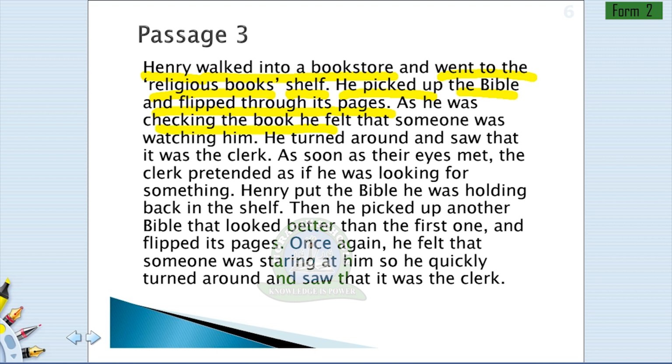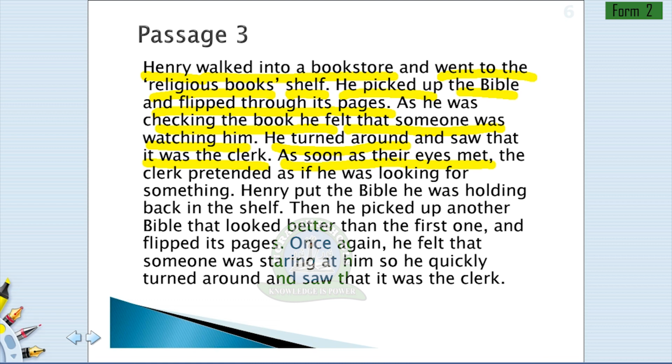As he was checking the book, he felt that someone was watching him. Unfortunately, he felt that someone was watching him closely. He looked around and saw that it was the clerk, the person that was responsible in that place.